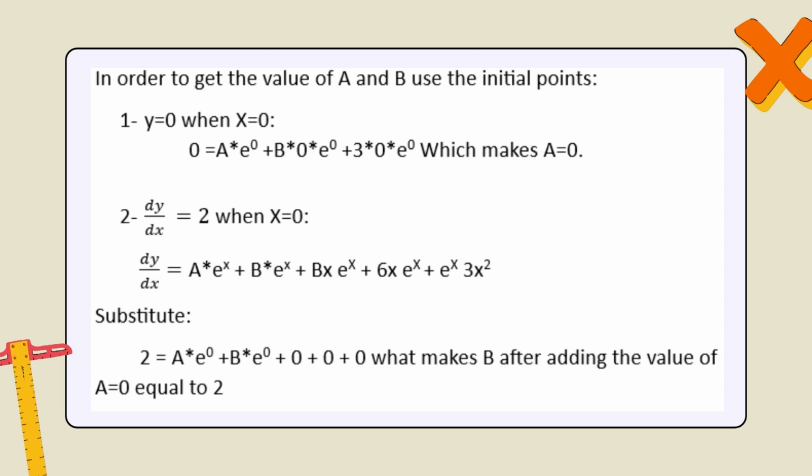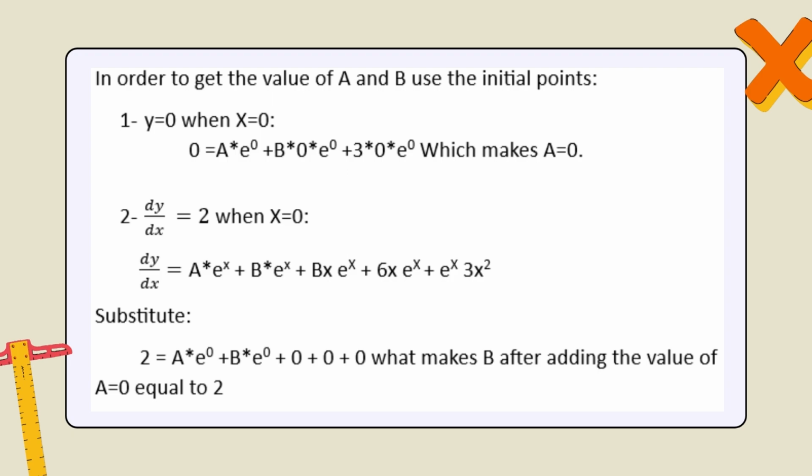So after derivation, we find out that dy over dx from our general solution is equal to a e^x plus b e^x also, plus bx e^x plus 6x e^x plus e^x times 3x squared. Now we have the value of y prime, or dy/dx. Now we substitute it with 2, and we substitute the value of x with 0.